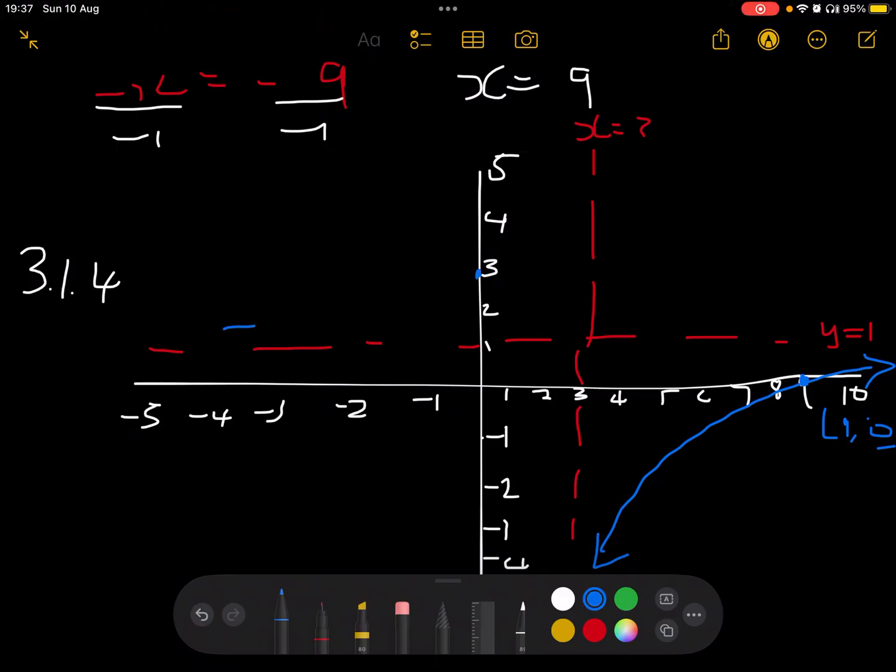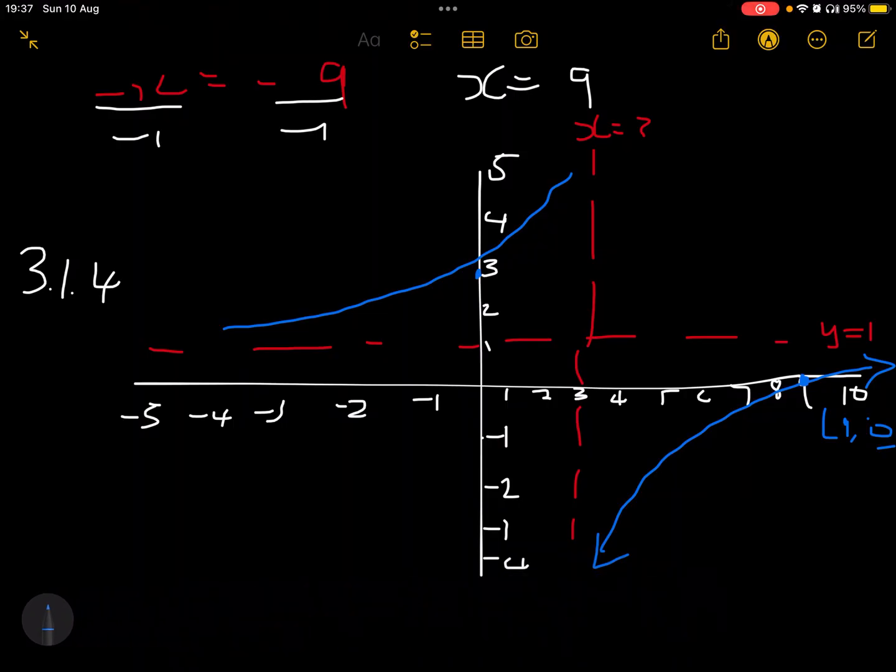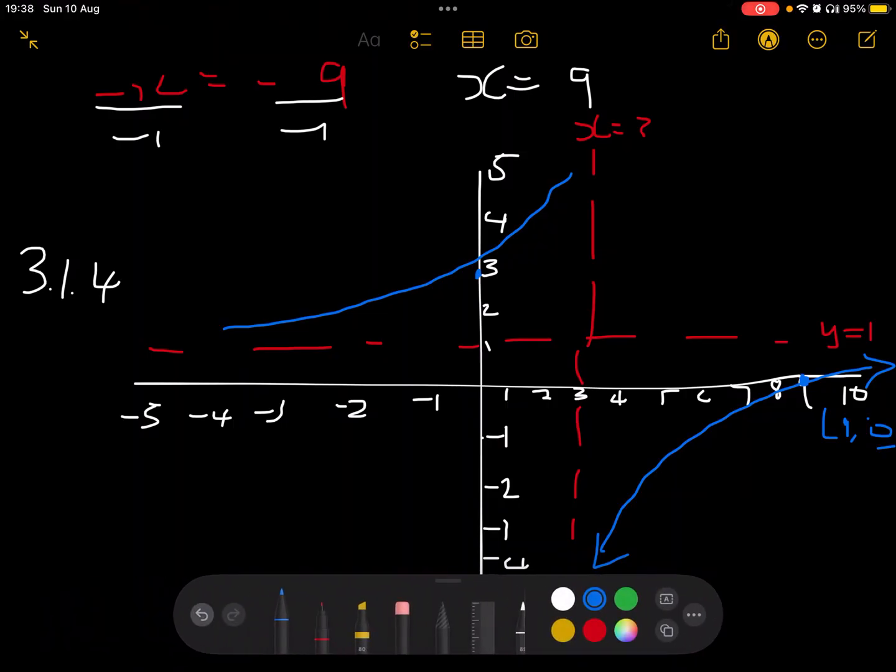So around here going through, going through and never touching the asymptote, but going towards it on both sides. And there you have your 3.1.4. We can also indicate that this is the point 0, 3.